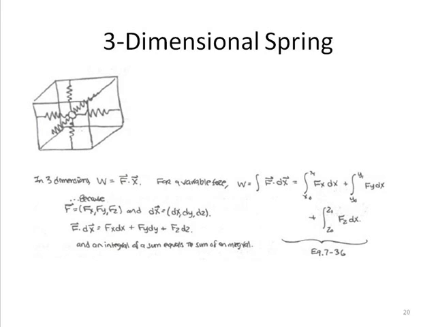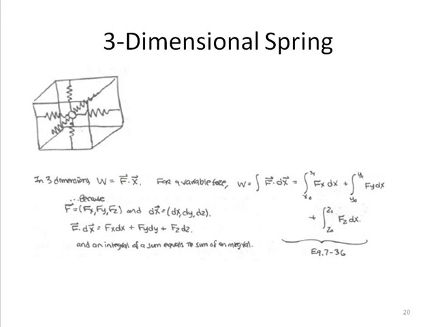We take the dot product and set up the integral. We get F dot dx is Fx dx plus Fy dy plus Fz dz. This is a nicely decoupled expression because we have one term that only depends on x, one that only depends on y, and one that only depends on z.